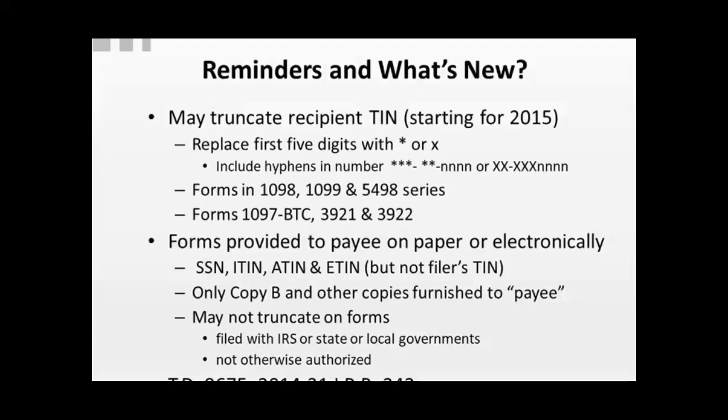You cannot truncate the numbers on forms filed with the IRS or state or local governments, unless otherwise authorized in the special instructions. Notably, W-2 is one of the forms for which truncation is not authorized. And that applies to any of the ID numbers listed there: the Social Security number, individual taxpayer identification number, adoption taxpayer identification number, and the employer identification number.